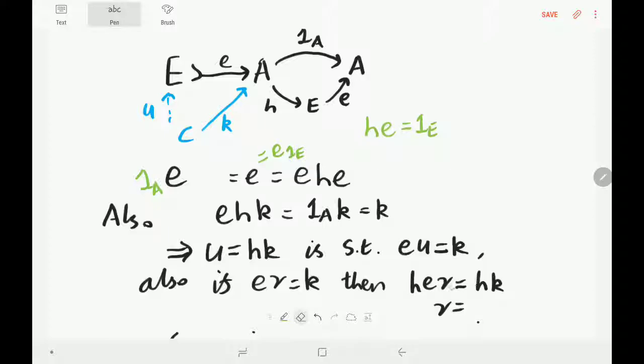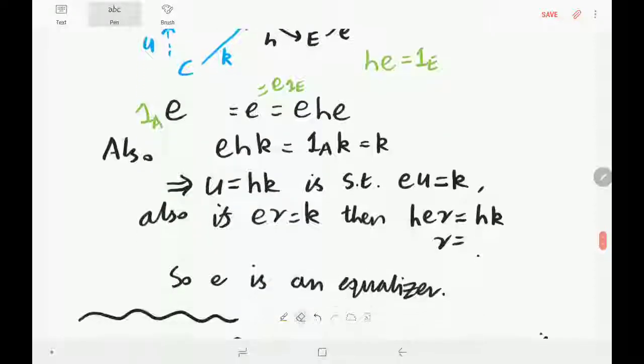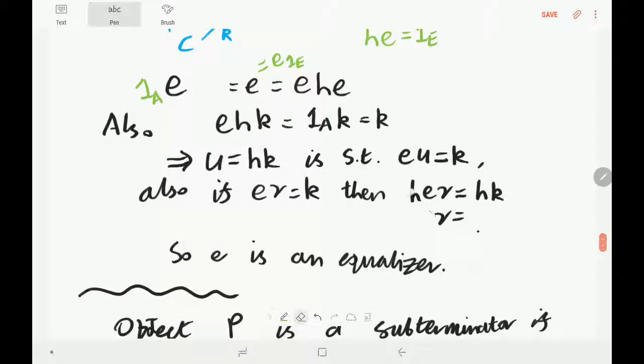Then if we use our left inverse, we get that hev equals hk, and hev is just equal to v because we're using this left inverse h. So that shows that the intermediary arrow is unique, because this v has to be equal to u, so e is an equalizer.